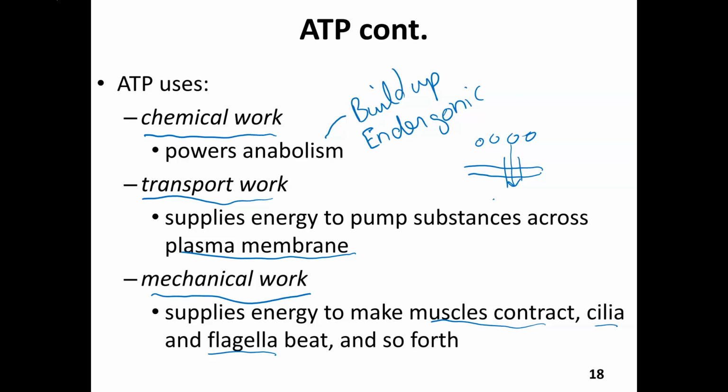So we're constantly increasing entropy in our body, and our muscles are contracting all the time. Breathing uses muscle contractions. Heartbeat uses muscle contractions. Digestion uses muscle contractions. So we're constantly using muscles for mechanical work.